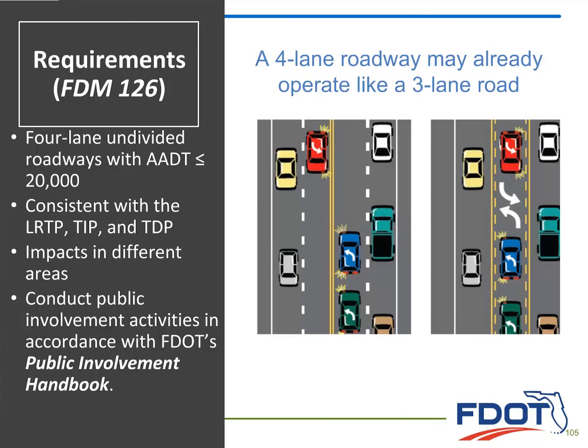And this is potentially for roadways with an ADT of 20,000 or less. Now remember, you have to make sure that you're consistent with the LRTPs, TIPs, and TDPs. You need to analyze the impacts or potential impacts to different areas of the network. And public involvement activities must be done in compliance with the FDOT Public Involvement Handbook.